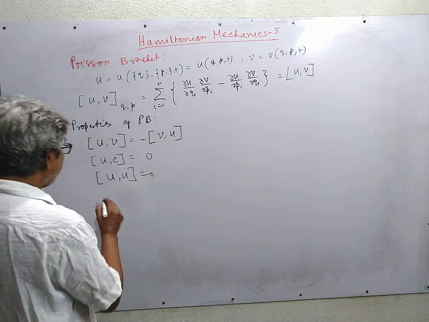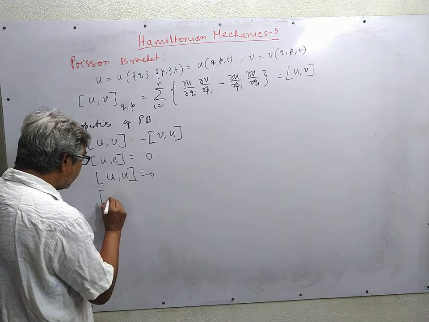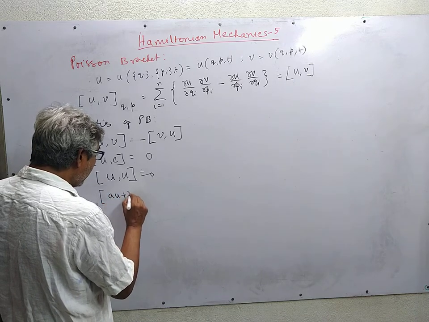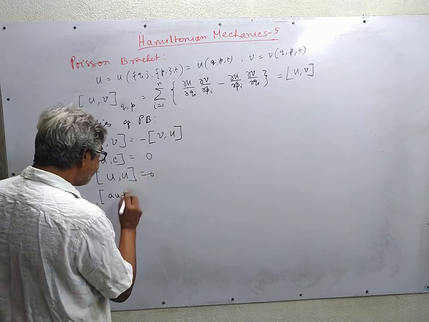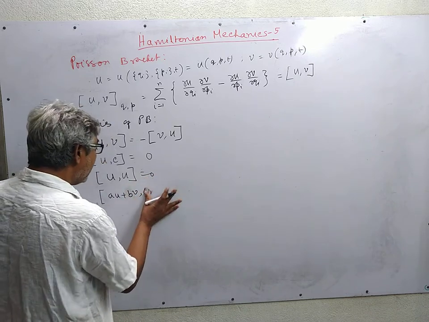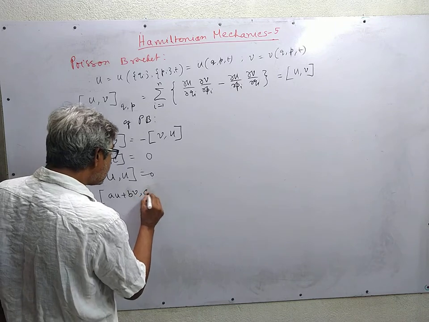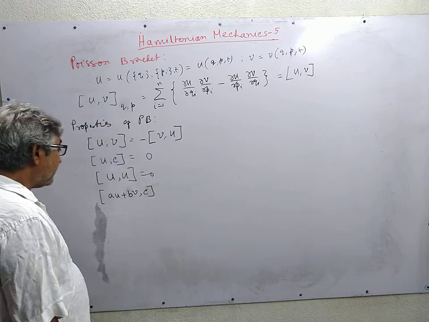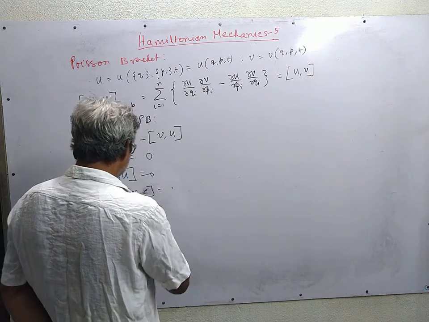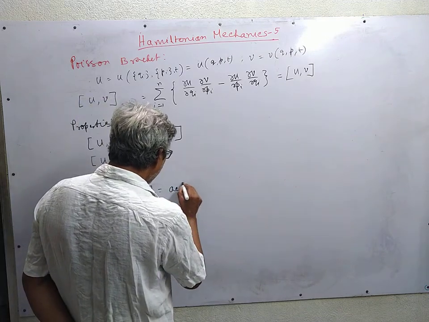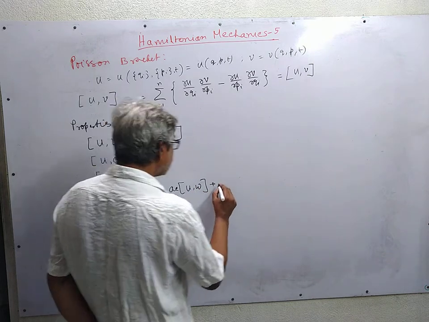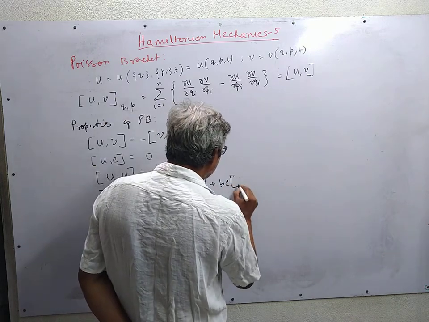And the linearity property: if we consider {AU + BV, CW}, where A, B, C are constants, then it is AC{U, W} plus BC{V, W}.